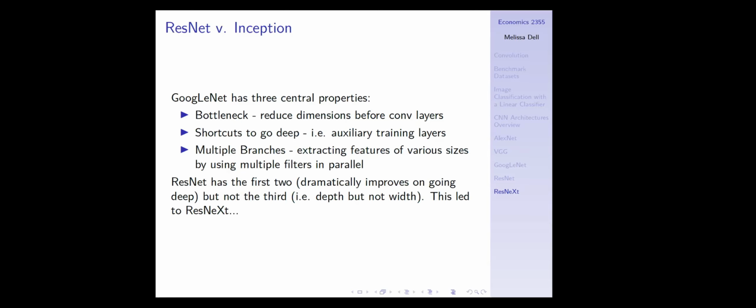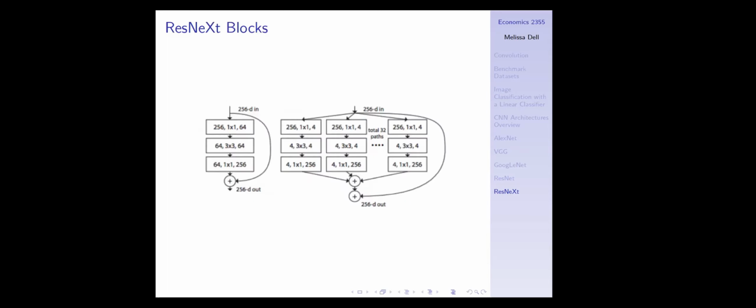That third thing is what ResNet does not have, which led to another paper by the same authors called ResNext, which we don't have a huge amount of time to talk about. The essential intuition is that instead of applying, say, 256 filters, or sorry, 64 filters of dimension 1 by 1, you might apply them side by side and then add together.